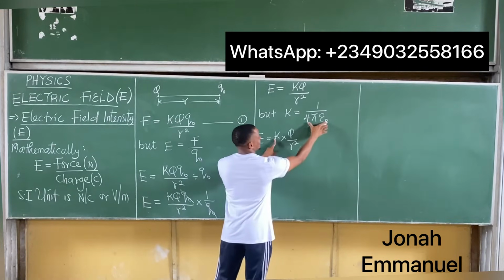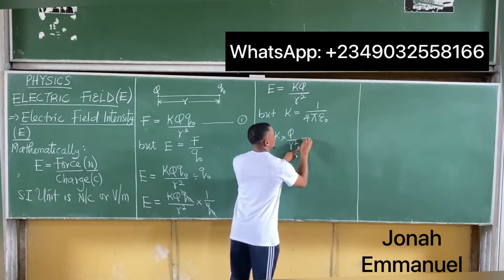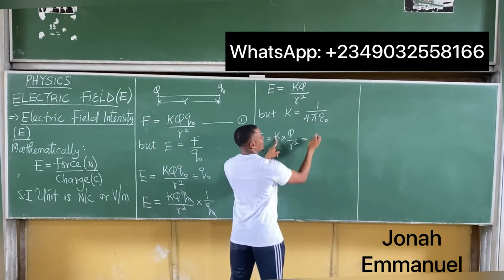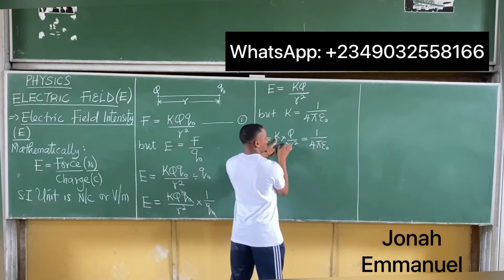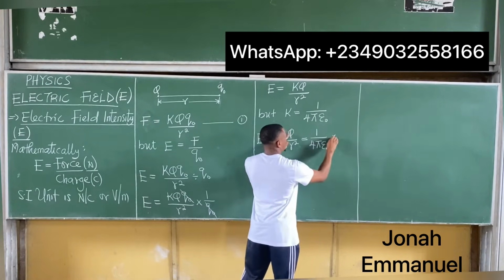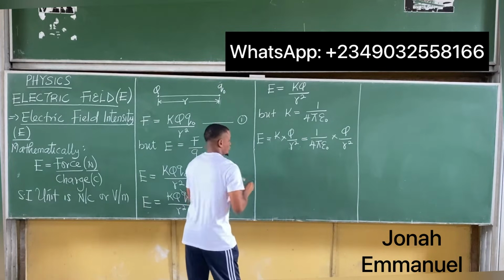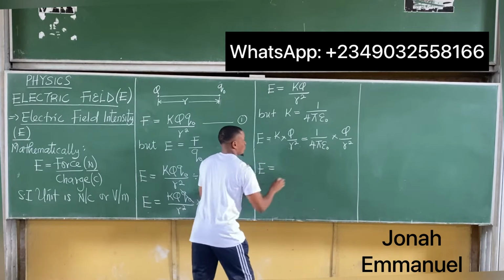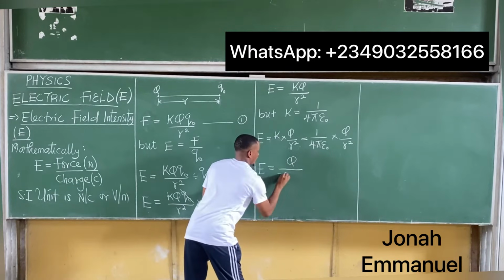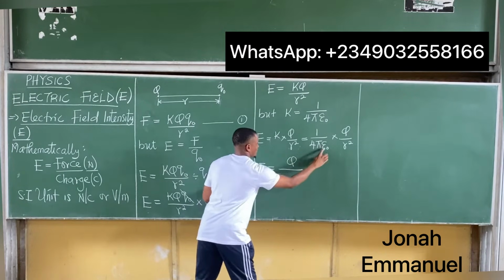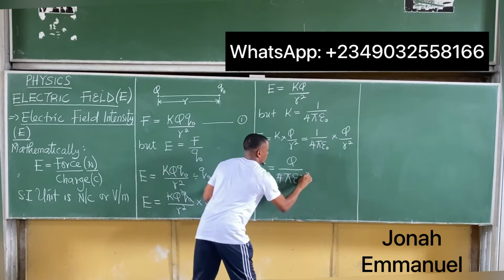But K we said is this, so I'll replace K and have 1 all over 4 pi E naught times Q all over R squared. So E is now equal to Q all over 4 pi E naught R squared.